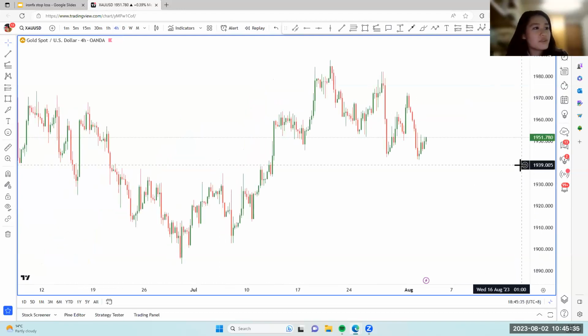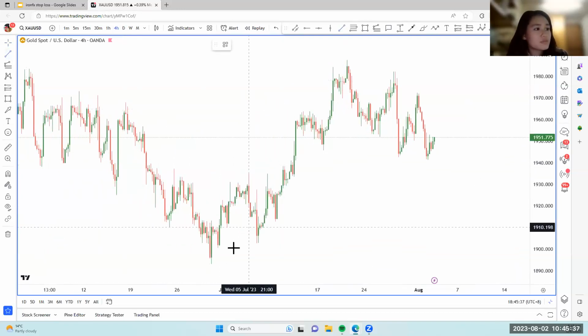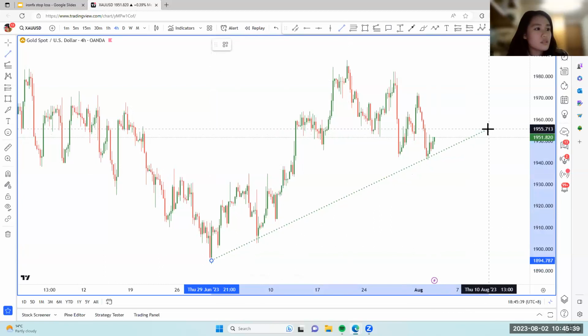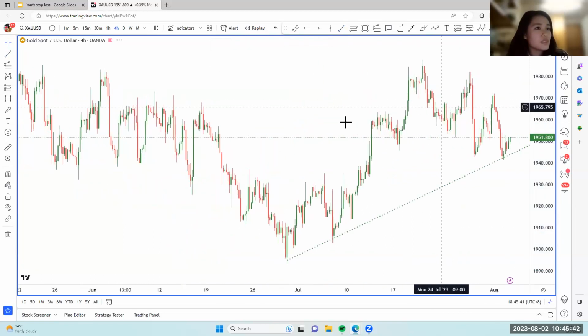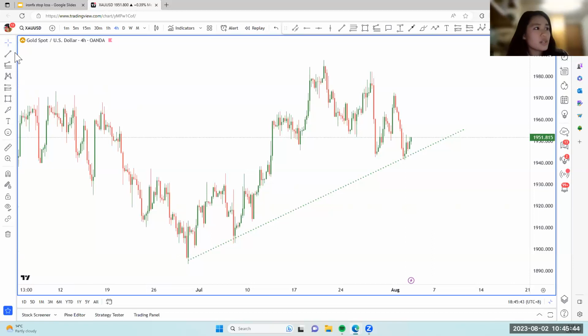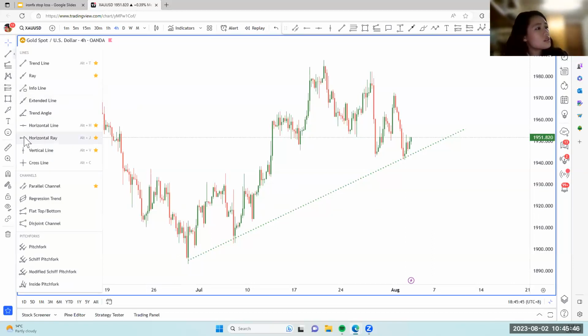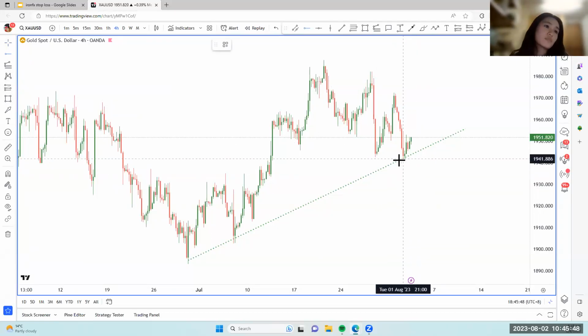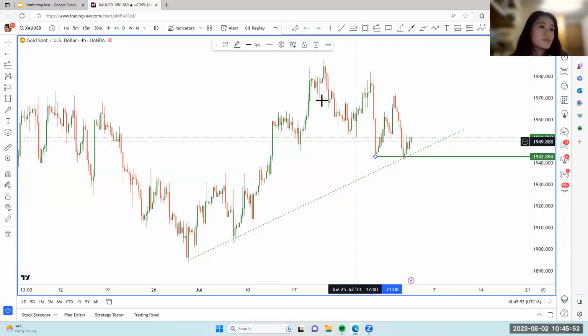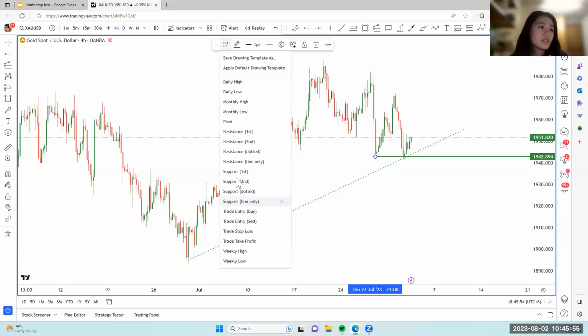Next, 4 hours time frame. Okay, I have this trend line. Now let's go in with our support and resistance levels. Okay, so I have a support level here.